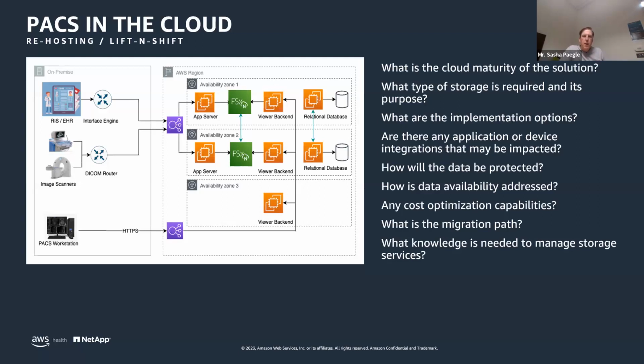Solutions like ONTAP offer native capabilities, for example, something like SnapMirror, to make that transition a lot easier. And finally, as I've highlighted before, what is your current experience and knowledge, and evaluate that relative to what services are available to you in the cloud.